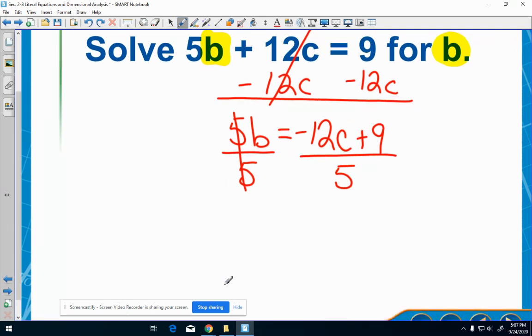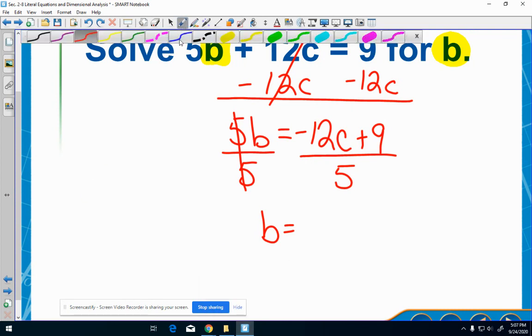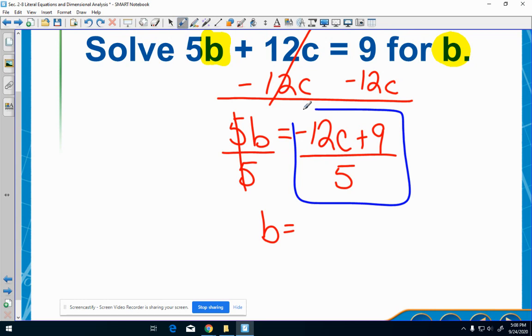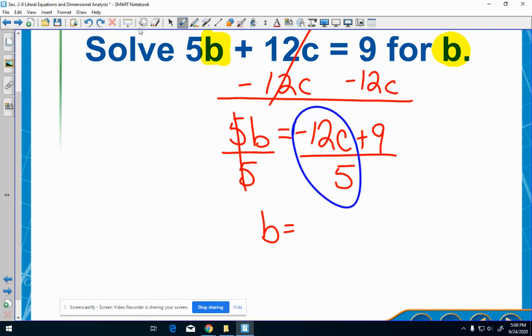The 5's cancel or reduce to a value of 1, and we're left with b is equal to, now you got a couple choices here. You can leave this as your answer right there, or we can think about them individually, meaning let's do negative 12 divided by 5, and then secondly, let's do 9 divided by 5.